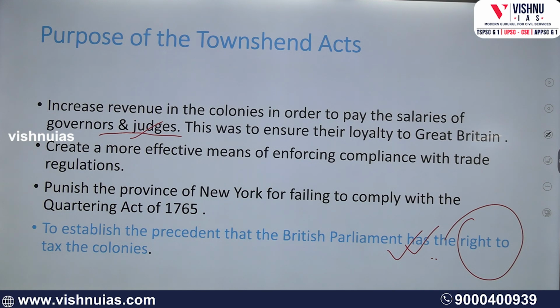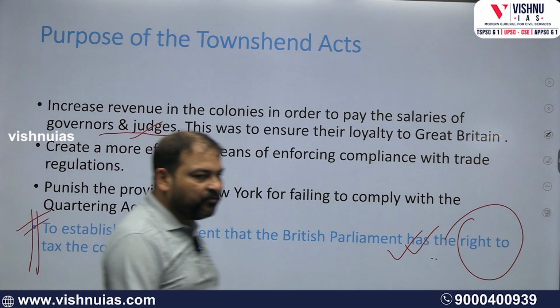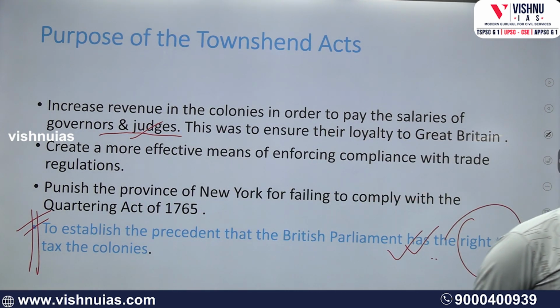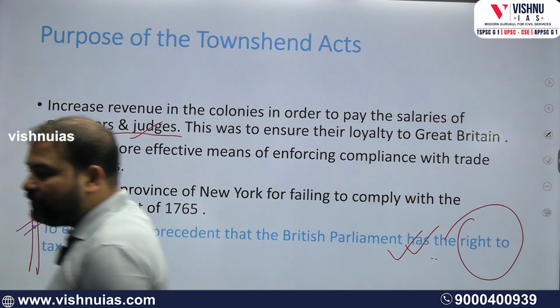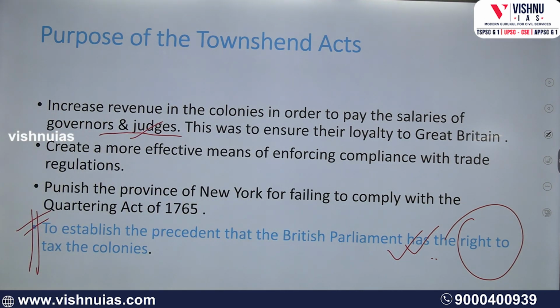This is the most important thing. Guys, other objectives you forget, I don't have a problem. This is the most important objective, to show that, see, we are the masters, we can put any law on you people. I want you to remember this last line. Other purposes are all okay.